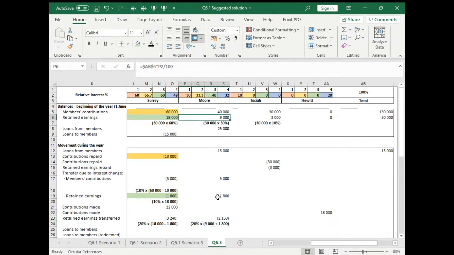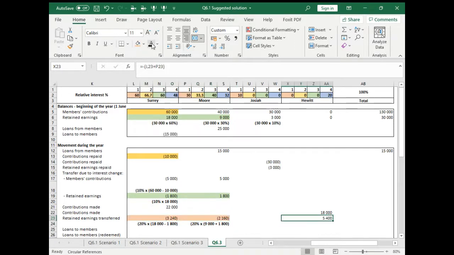So for Moore, we take the 9,000 he originally had and we add the 1,800, which then gives us 10,800, and then you apply the 20% to give you 2,160. And then Hewitt gets those two amounts together here.